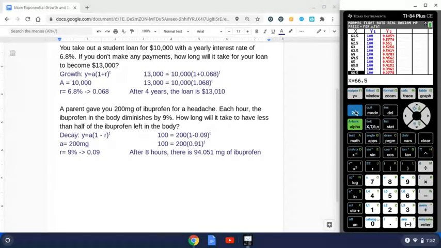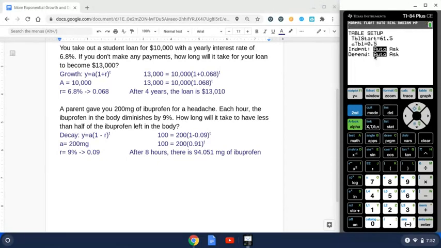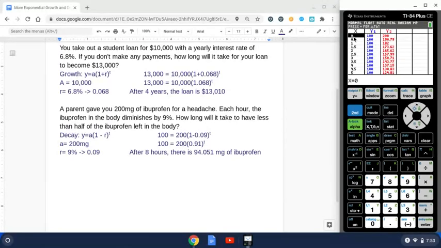If I click second table set, it's at 61.5 because that's what was at the top. I can just turn it back to 0 and then hit second table and it'll bring my cursor back to 0. So just a quick way to get back to the top of the graph or top of the table if you got stuck at a really large number accidentally.